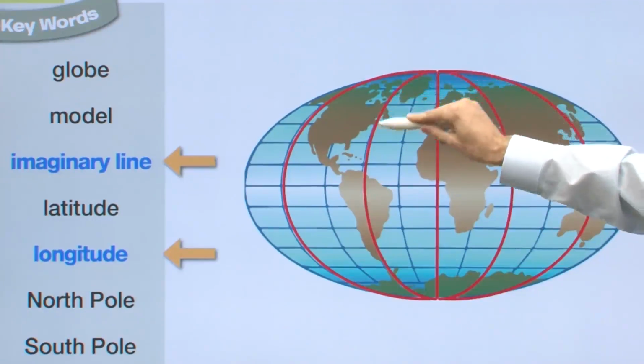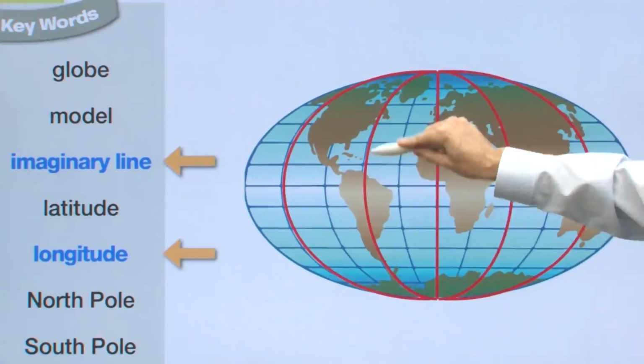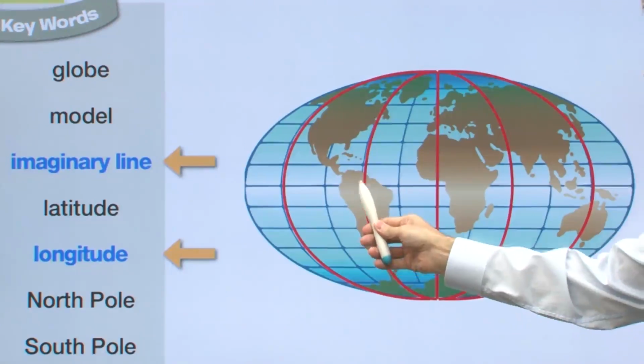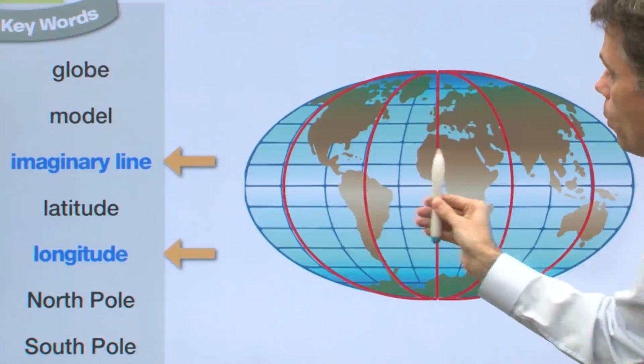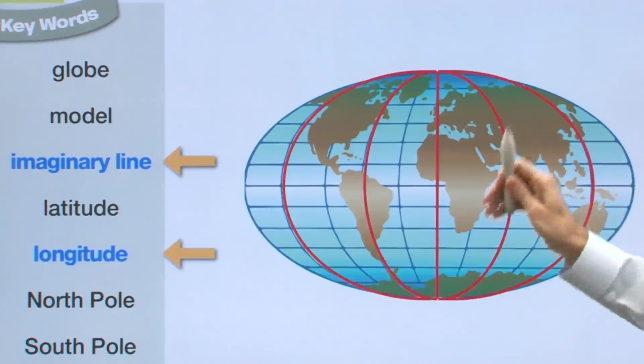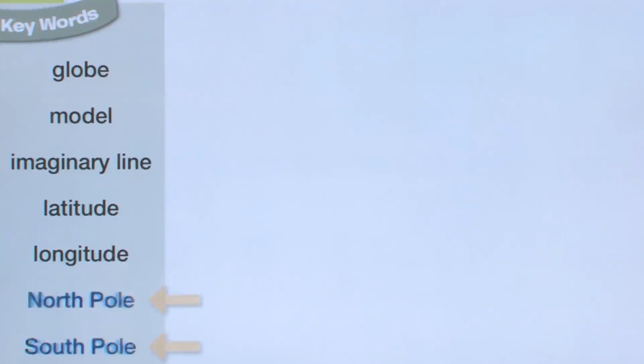And these are called longitude. From the North Pole, they go down to the South Pole. And if you go 1, 2, 3, 4, they go this way and they go this way. From west to east or east to west. So those are lines of longitude and they go vertically. See if you can remember that.